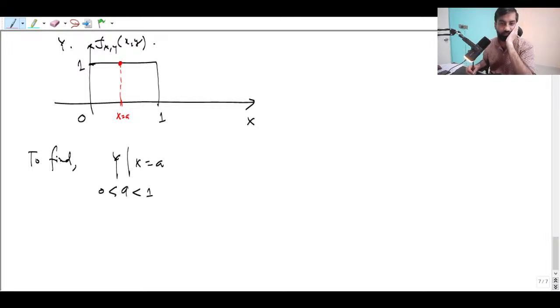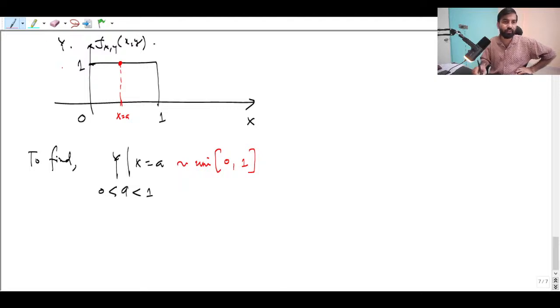If you fix x equal to a and go up, you can see that the distribution is uniform between 0 and 1.